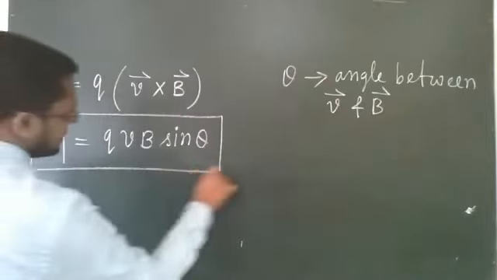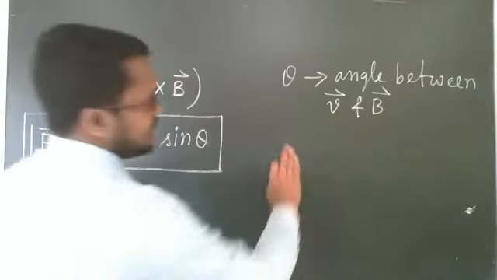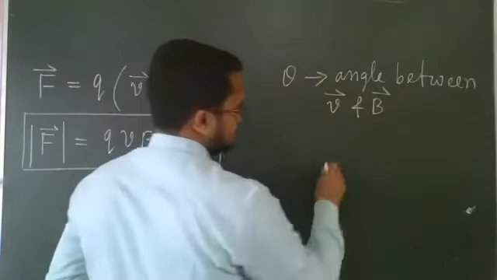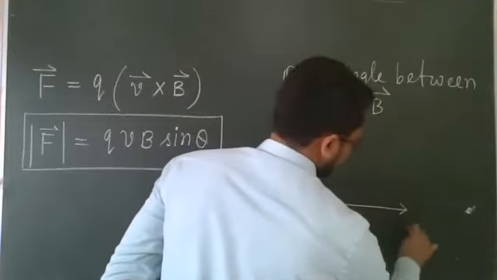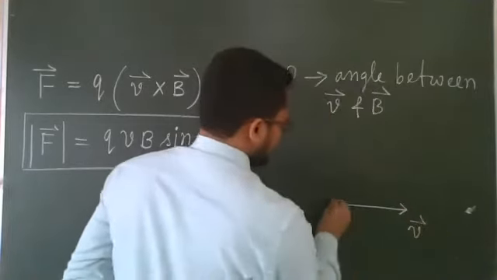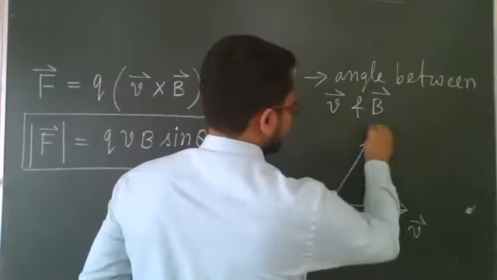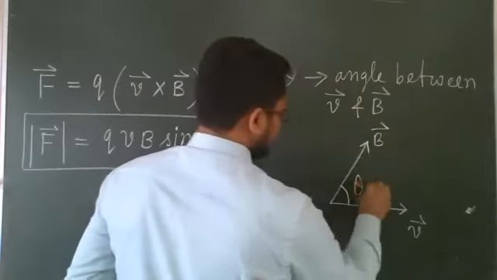What will be the direction of this force? Suppose v and B lie in this plane, like this is the direction of v and this is B, and the angle between them is theta.